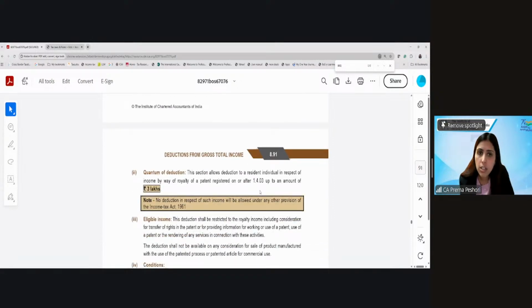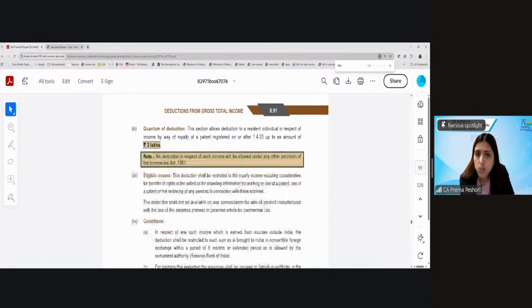And what is the deduction? Income by way of royalty or rupees 3 lakh, whichever is less. So the deduction shall be restricted to the royalty income, which includes the consideration for even the transfer of rights in the patent or for providing information for working or use of patent or rendering of services in connection with this.